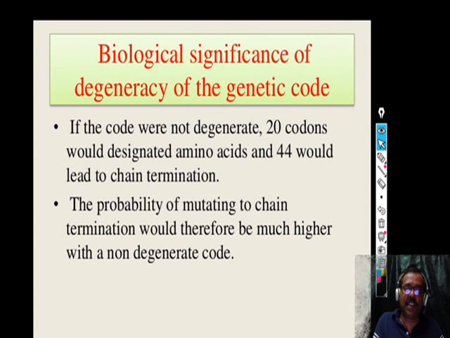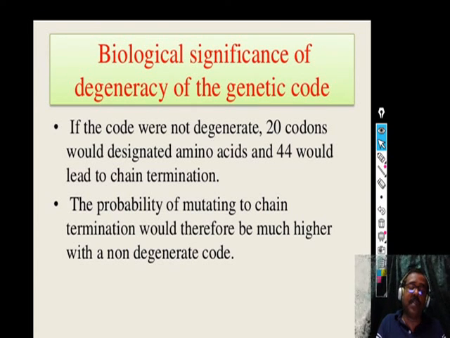This is fixed. So the probability of mutating to chain termination would therefore be much higher with a non-degenerate code. If there is no degeneracy of genetic code, then there will be frequent termination of protein biosynthesis.